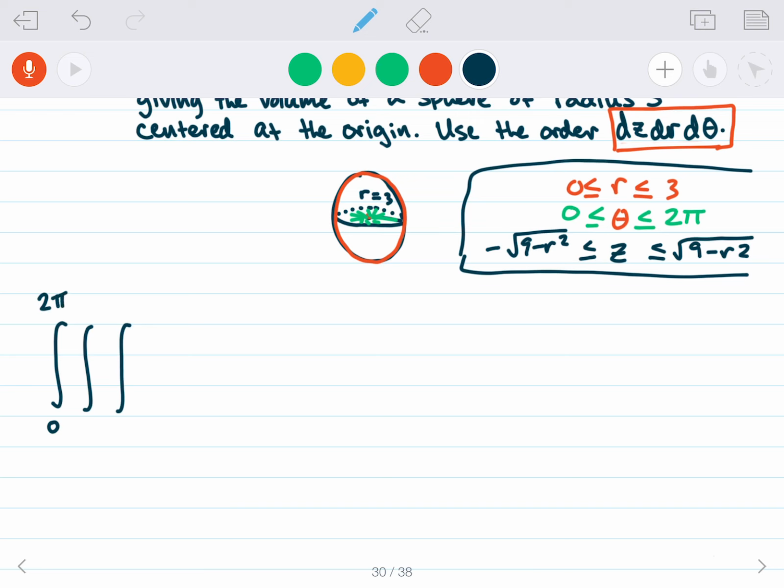In the middle we have r, ranging from 0 to 3, and z ranging from negative square root of 9 minus r squared to positive square root of 9 minus r squared. And again, with these volume problems, we're integrating 1.